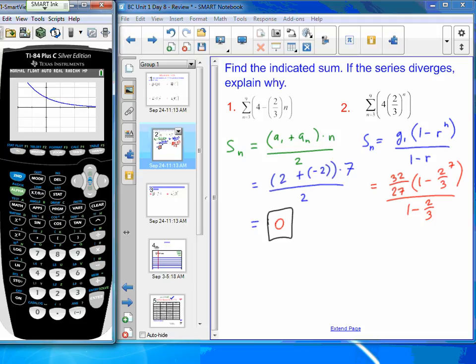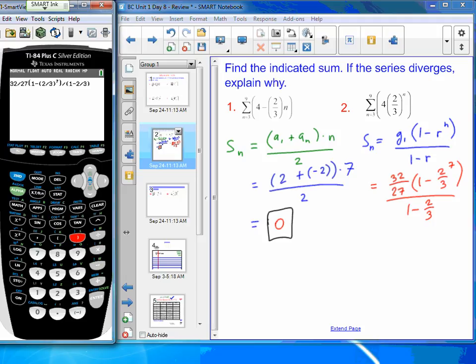All right, so what do we need here? We just need a home screen. We need 32/27 times 1 minus 2/3 to the 7th. We're okay. Close top, divided by open bottom, 1 minus 2/3. Let's take a minute and see how many times I messed up the parentheses there.